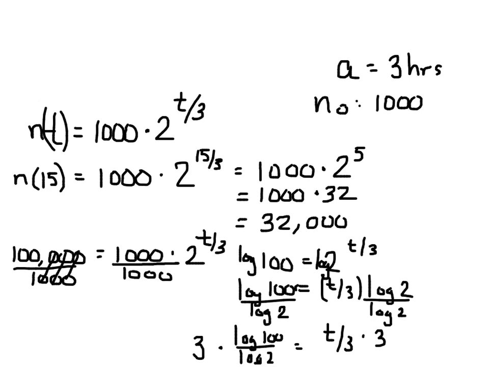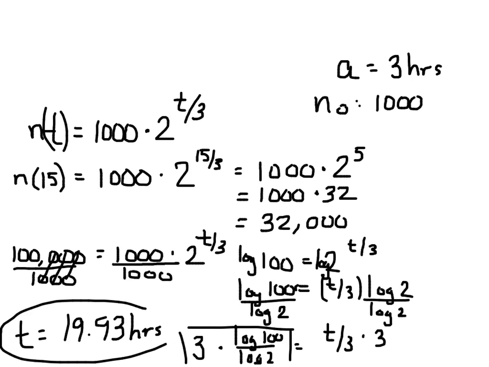In this context, this is the exact solution, but what's the answer for the bacteria? We don't know what that is, so we type that into the calculator. Take 3 times log 100, close it, divided by log of 2, close it, and you get approximately 19.93 hours, because we're referring to hours in this case.